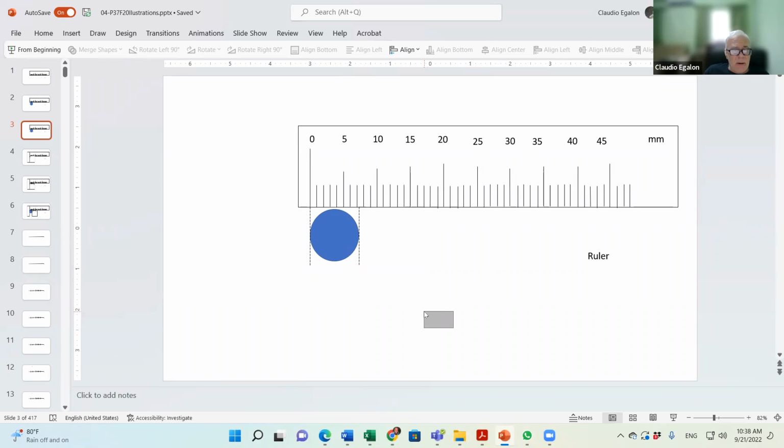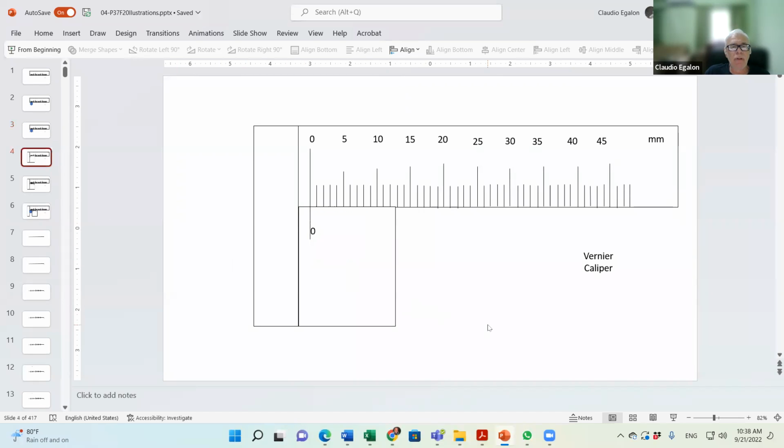But to remove this inconvenience, people developed a different type of measuring instrument, which is called the vernier caliper. The vernier caliper looks just like that. It is a fancy ruler that has two jaws here.